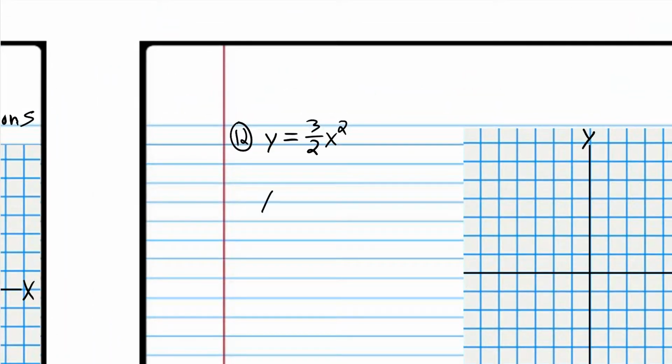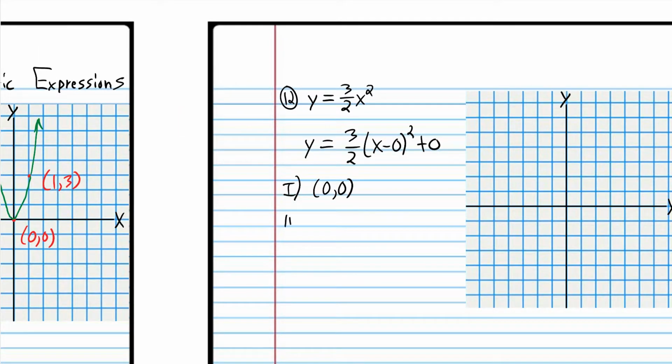So again, I'm just going to consider this to be vertex form. And with vertex form, we can see that the vertex is 0, 0. That's what's unique about these problems. Then I'm going to let x equal, I'm going to try 2. Now we're going to plug in that x value to the equation.